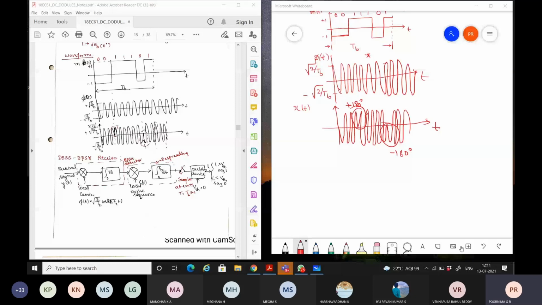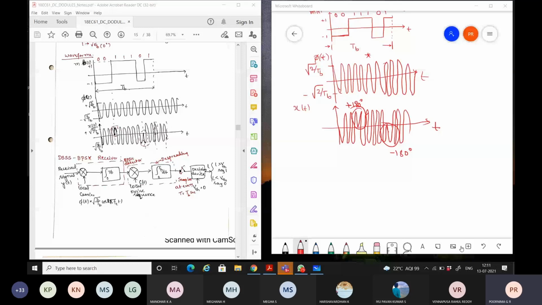What is the probability of error of the direct sequence BPSK system? First let us consider the BPSK probability of error.